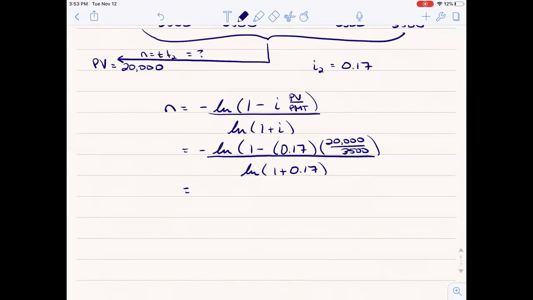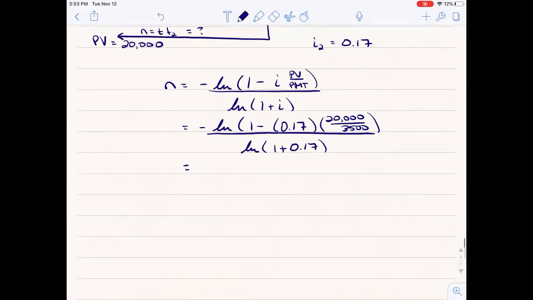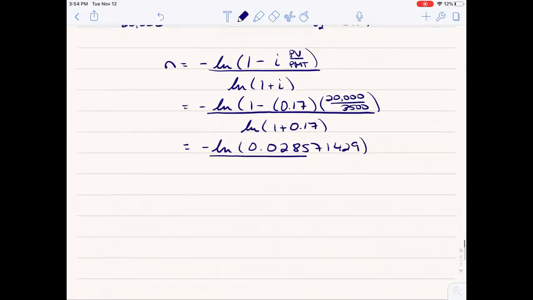I pressed the wrong button somewhere. 20,000 divided by 3,500. So I need the negative natural log of 0.028571429 over the log of 1.17.